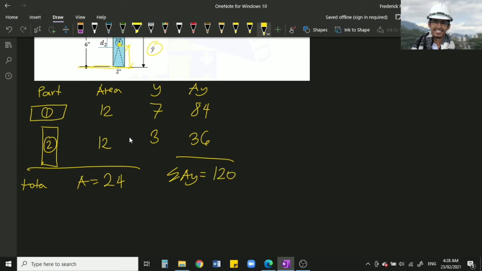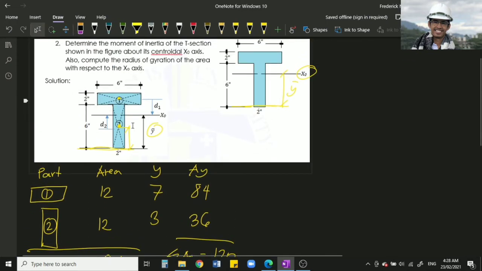So computing for bar Y, bar Y is equal to summation of AY over total area, so that will be 120 over 24. Therefore, yung bar Y natin is equal to 5 inches. Okay? So, yung bar Y pala natin is equal to 5 inches.